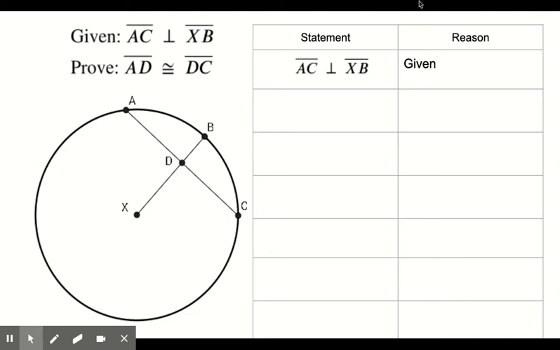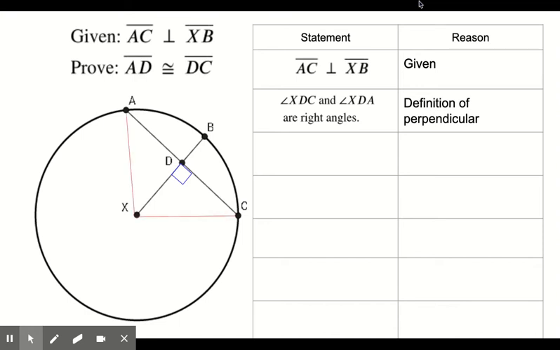So if I know that AC, this chord, is perpendicular to XB, that's given, I'm trying to prove that AD, this line here, is congruent to DC. I know that angle XDC and XDA are right angles because that's the definition of perpendicular.